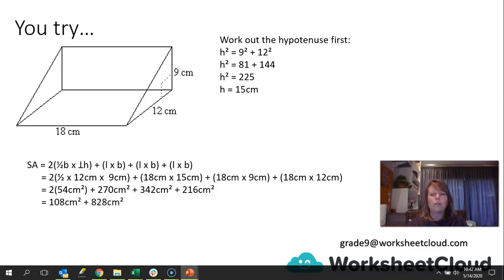Double your 54, it's going to give you 108 centimeters squared. Add all the other areas up together, you're going to end up with 828 centimeters squared. Add those together. Your total surface area for this shape is 936 centimeters squared.